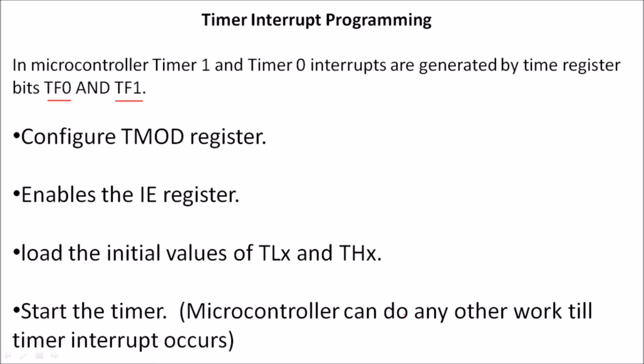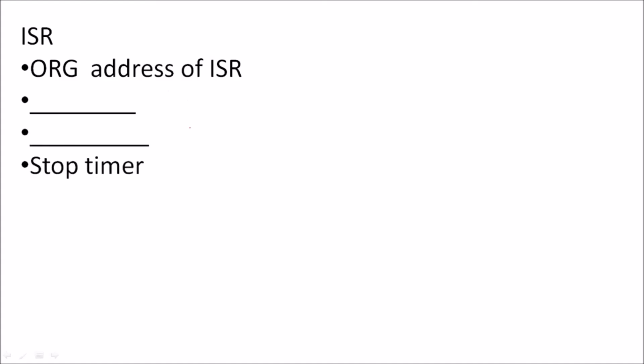For ISR, we have to first write an assembler directive, that is org, and here we have to specify address of ISR. And then we can write the instructions as per the statement given or as per the application.